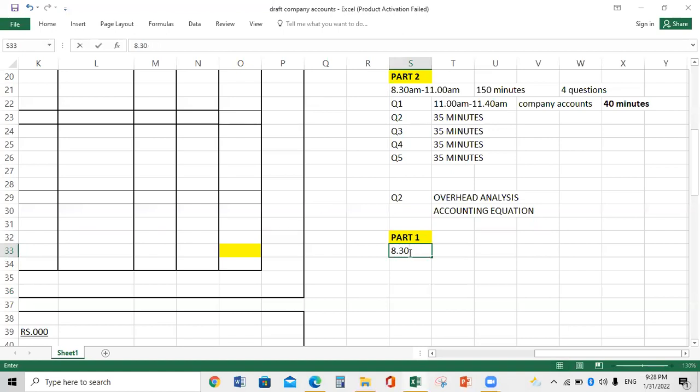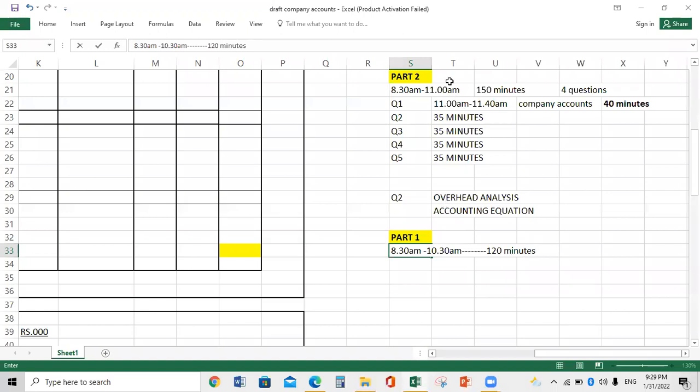So guys, part 1 will be 8:30 a.m. to 10:30 a.m. So that is how many minutes fully? Guys, if you want, I'll send a picture of the calculator which you should use and which you shouldn't use after class. 120 minutes.